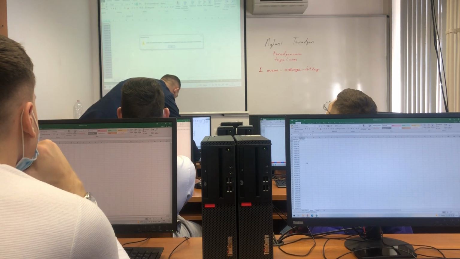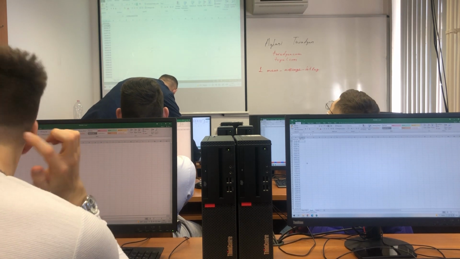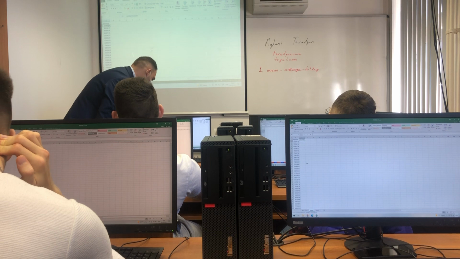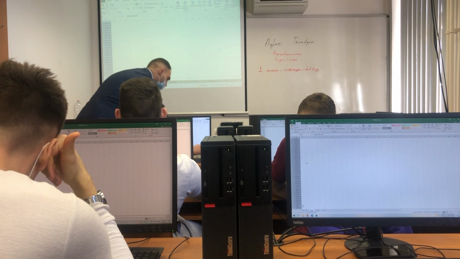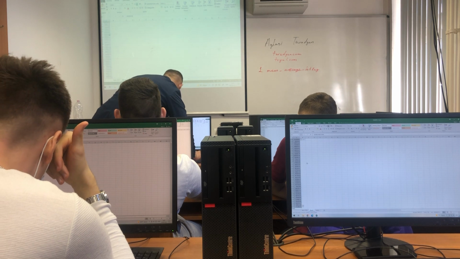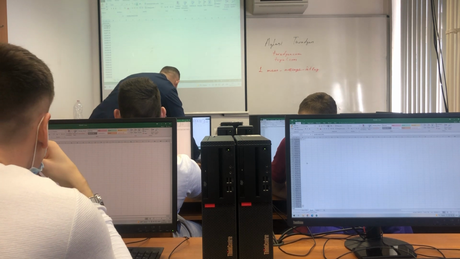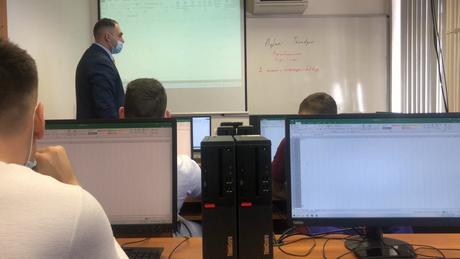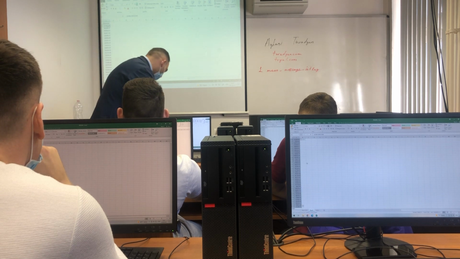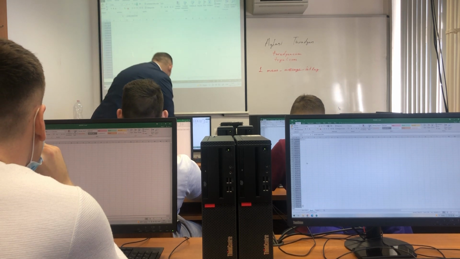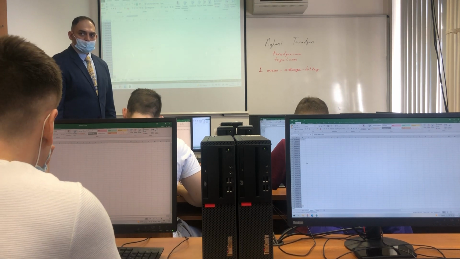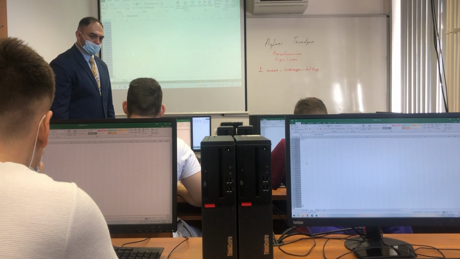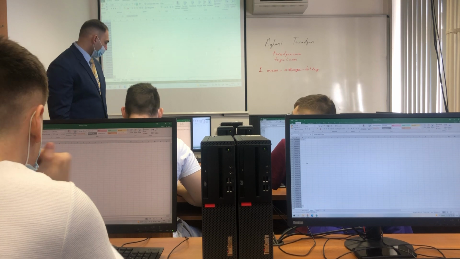What we are going to do is to take all this data, Control Shift down. Put your mouse on A2, then Control Shift down, and you select all the data. Okay? Down.